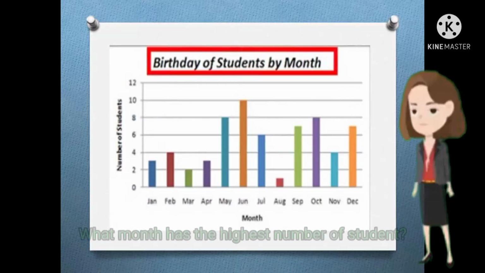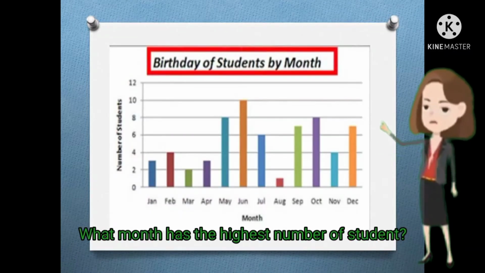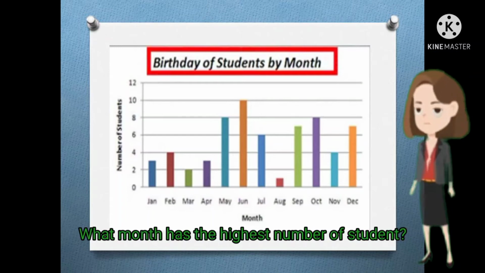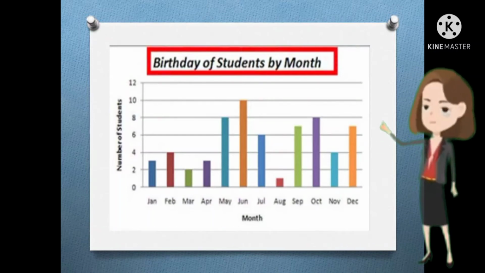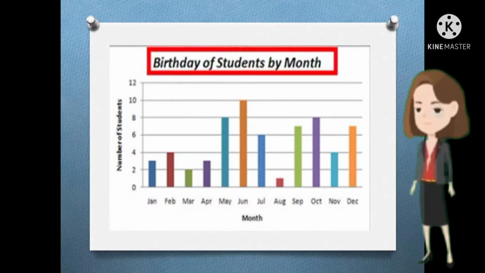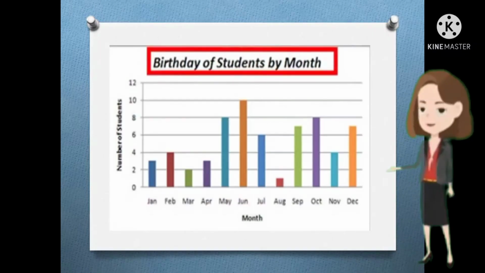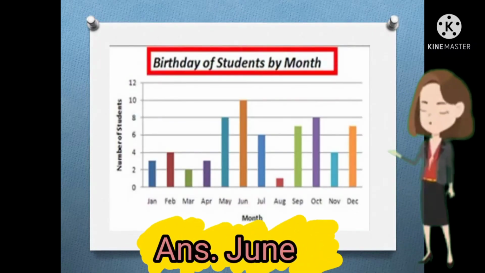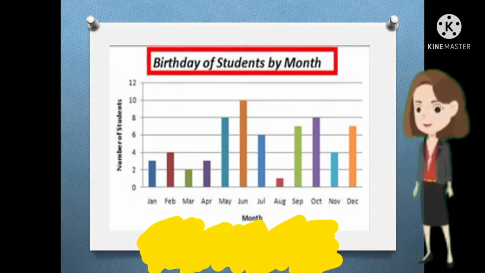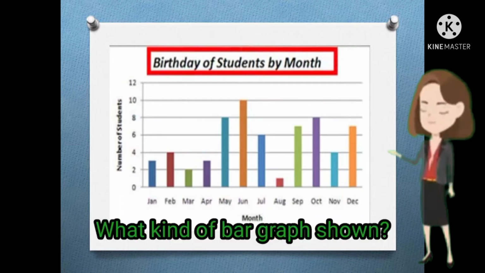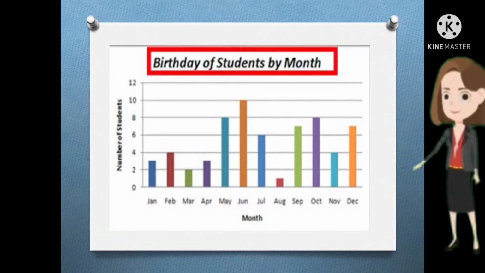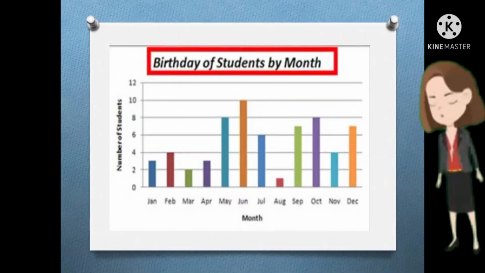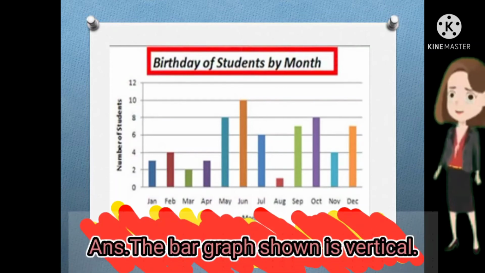Number 4. What birthday month has the highest number of students? The birthday month with the highest number of students is June. Number 5. What kind of bar graph is shown? The bar graph shown is a vertical bar graph.